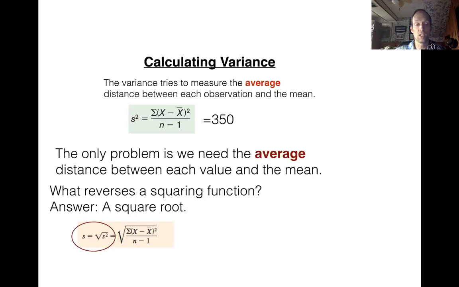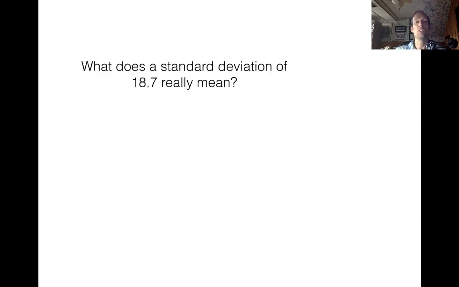We call it S. And the standard deviation S is going to be equal to the square root of the variance. When we take the square root of 350, we're going to end up with 18.7. So we're going to say our standard deviation is equal to 18.7.